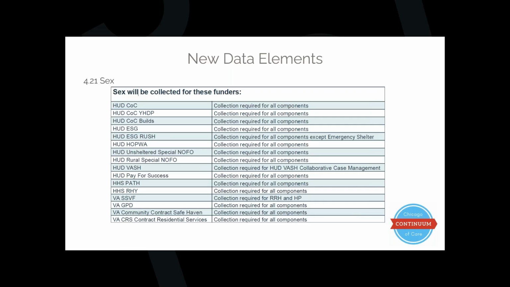Then HOPWA, Unsheltered and Rural Special NOFO. VA is only going to be required for collaborative case management, Pay for Success, PATH, RI, SSVF rapid housing and homeless prevention, GPD, community contract safe haven, and CRS contract residential services. So these are the funders for which it's going to be required.